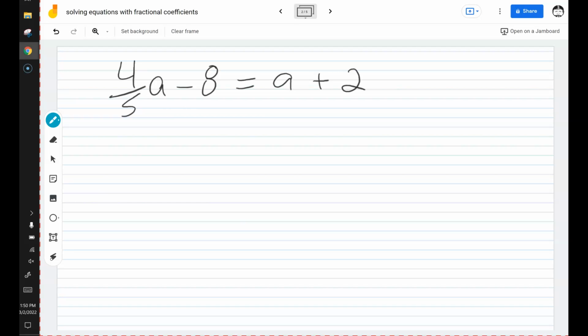fifths. The way we're going to do that is we're going to multiply this side by the lowest common denominator of all our denominators. Now we only have a 5 here, so we're going to distribute this 5. 5 times 4/5, that actually cancels the fifths and leaves us with just the 4a.